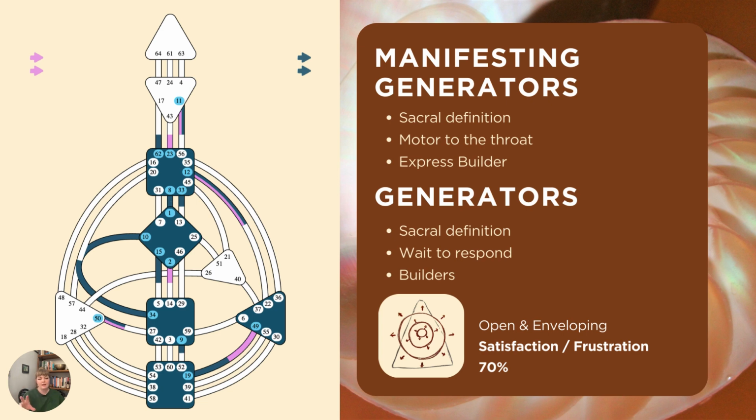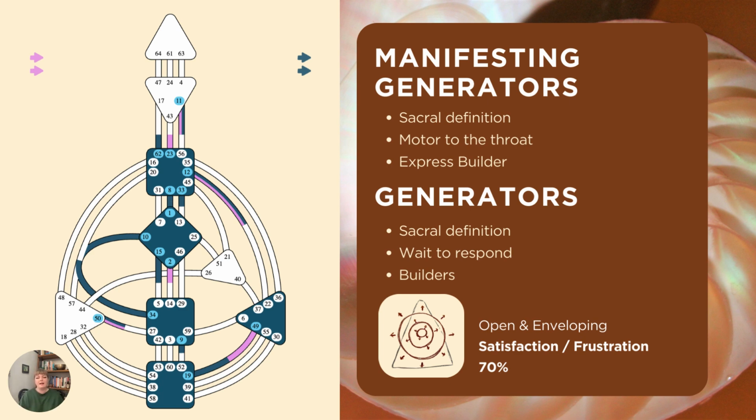So one of the energy sensors is connected to the throat, and they've also got the sacral, meaning that they can express what they need to create or what they're putting their energy to. So they have an element of manifestation there, but they also have the ability to build quickly. They can work out what steps can be missed. Sometimes they miss too many steps and have to go backwards, but they can move quite quickly.